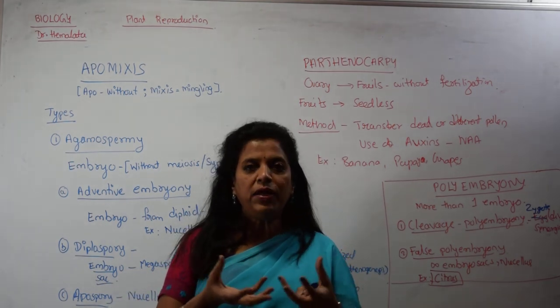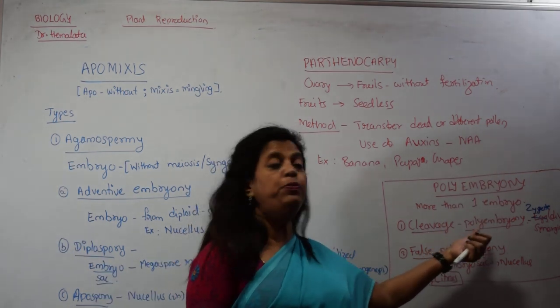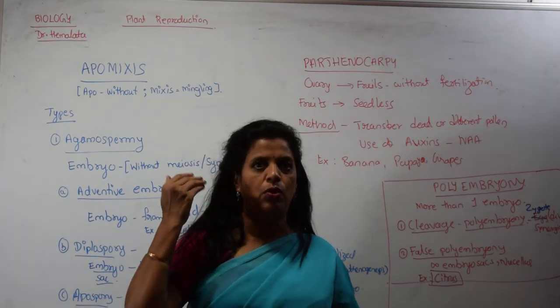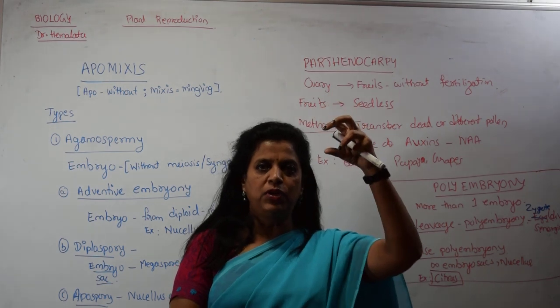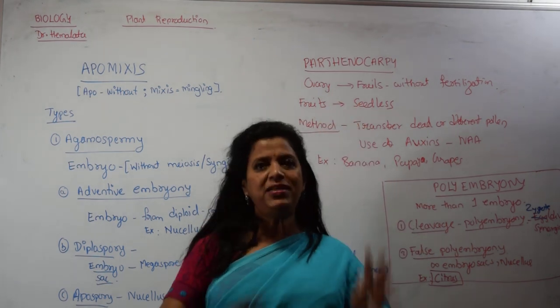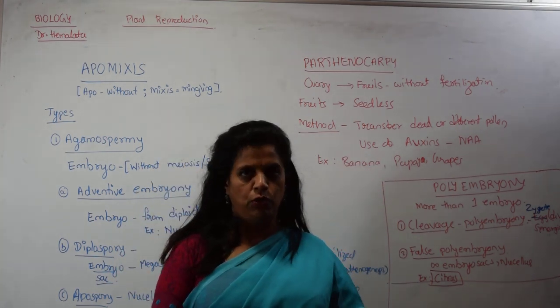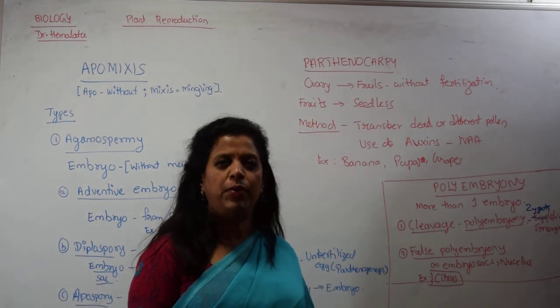Whatever cells are divided, all will develop into embryos only. That's called cleavage polyembryony. It is not forming one embryo. Normally it forms one basal cell and one outer cell, but here all the cells which are formed, no suspensor, nothing, everything will develop into embryos only. Therefore it leads to polyembryony, we call it cleavage polyembryony.